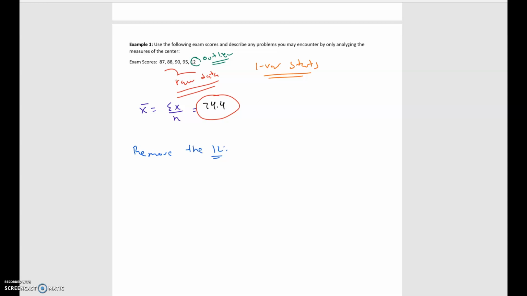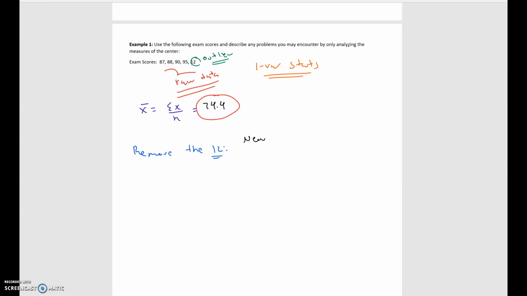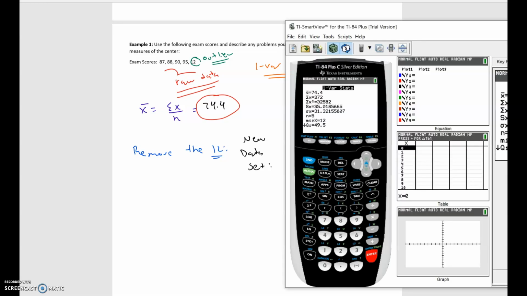The new data set, if we remove the 12, is going to give us 87, 88, 90, and 95. Now, if you evaluate the mean, what you would find is that the 12 was pulling the actual mean towards its position.